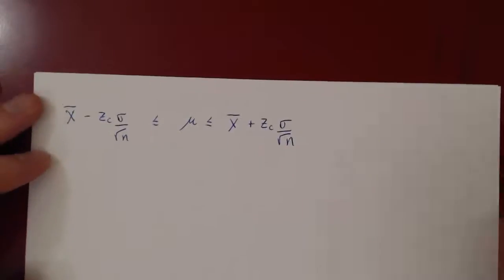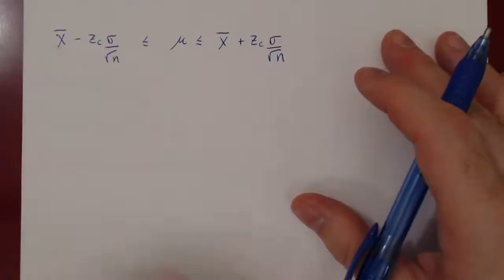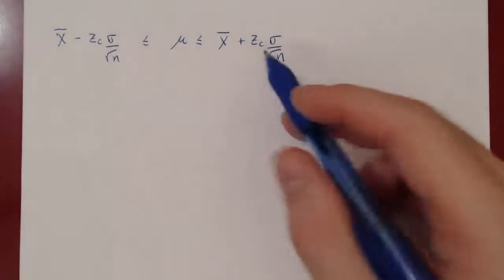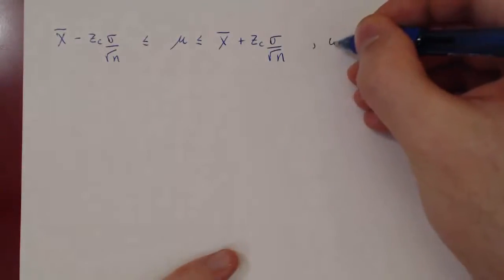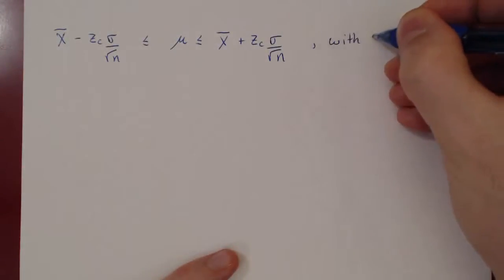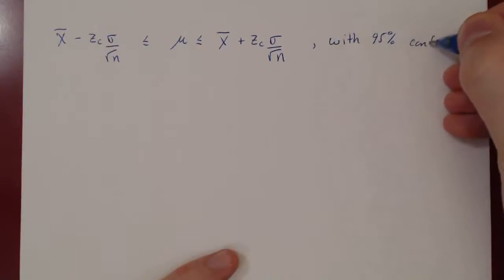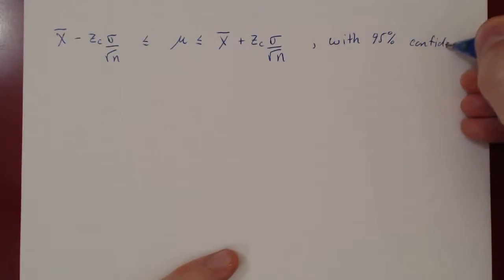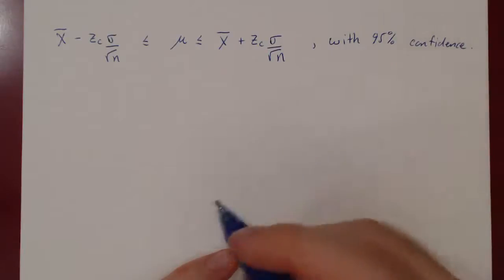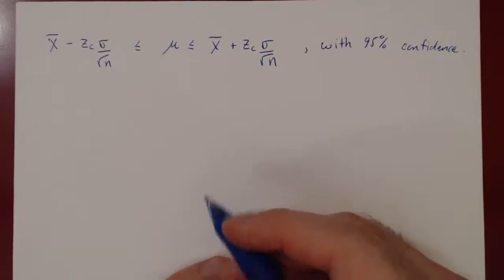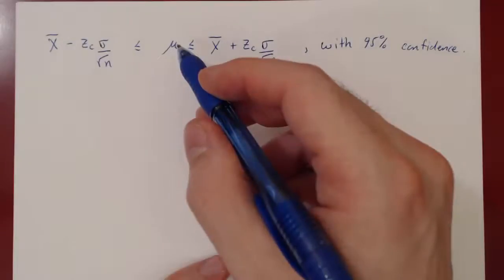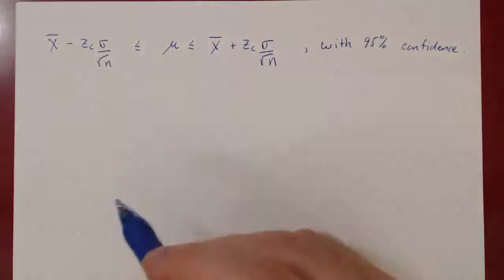And now, let's see where we go from here. We know this is true with 95% confidence. So we are 95% confident that the true population mean will lie between these two values.